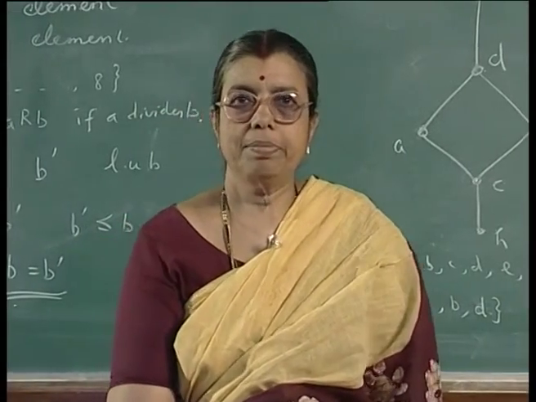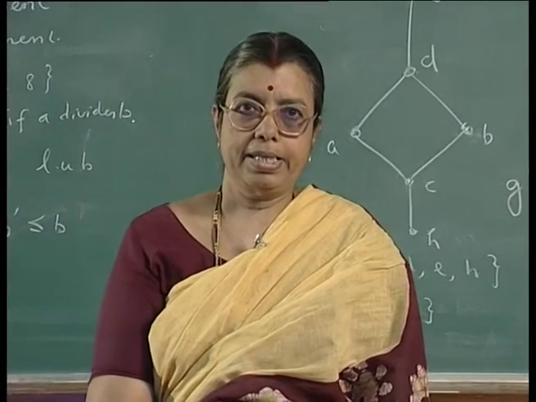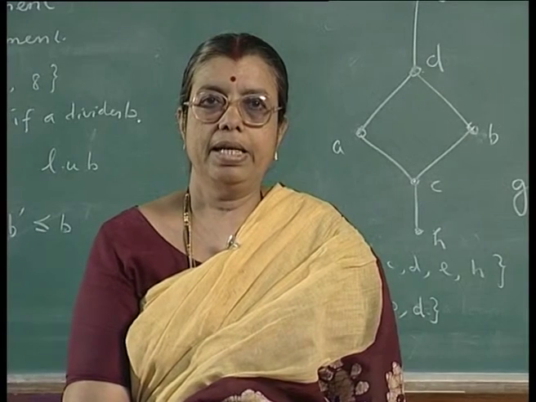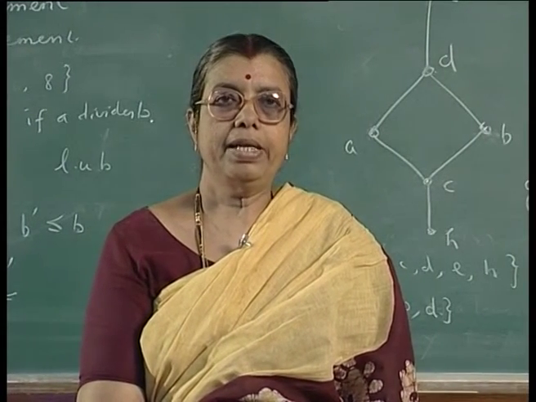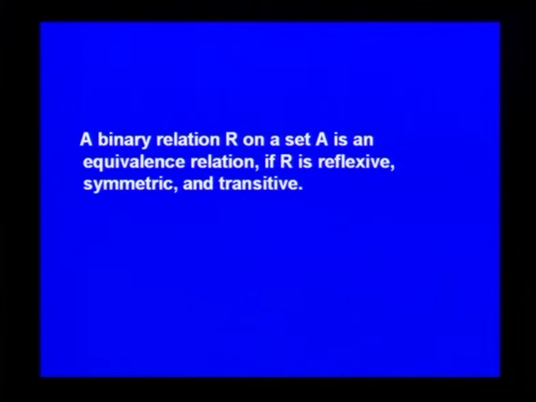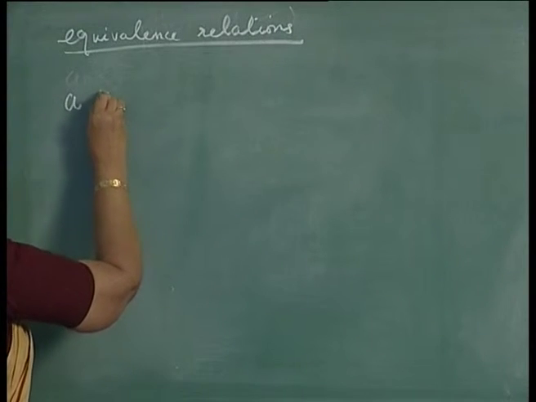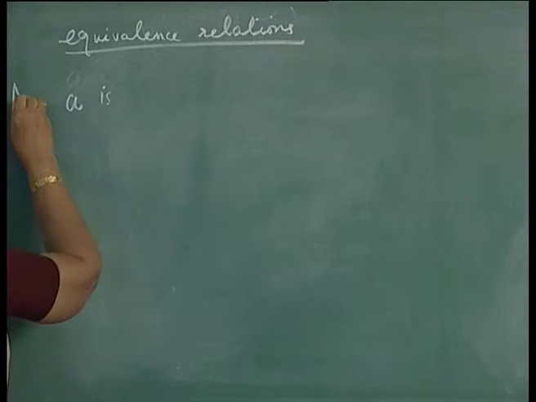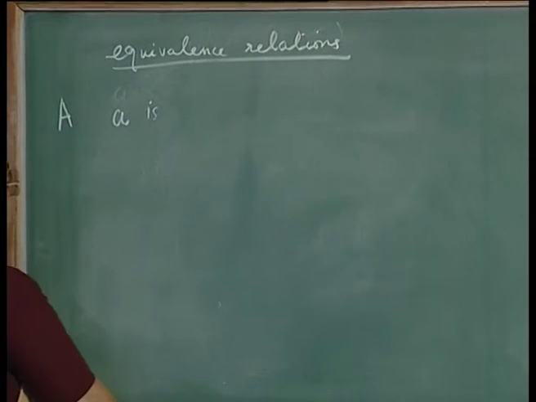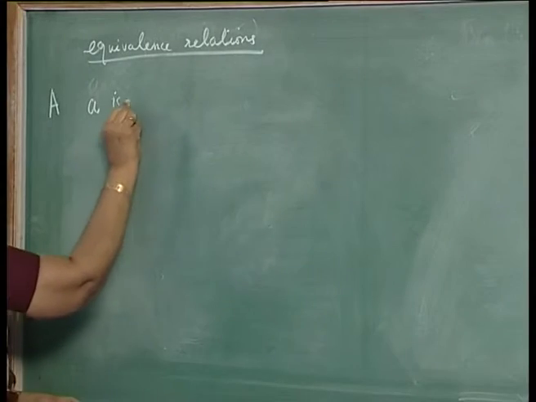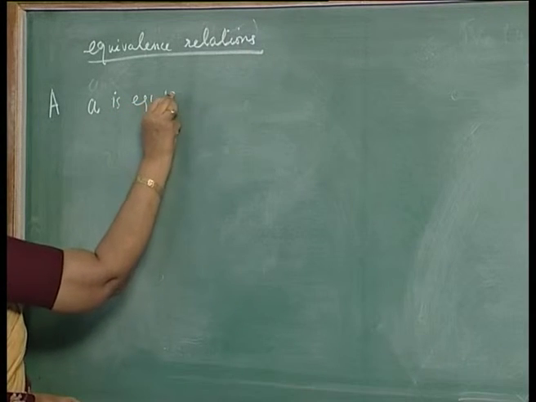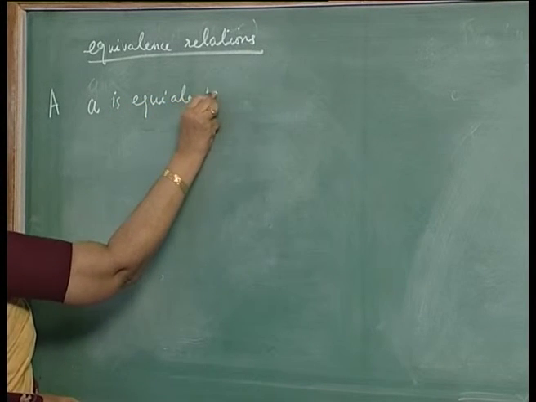So, we have considered something about partial orders, linear orders, etc. Next, we shall consider what is meant by an equivalence relation. In equivalence relation, we consider three properties. You define that relation, it is also a binary relation on a set A, and a is equivalent to a, you always say a is equivalent to itself.